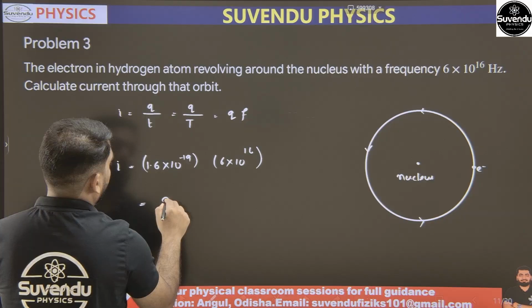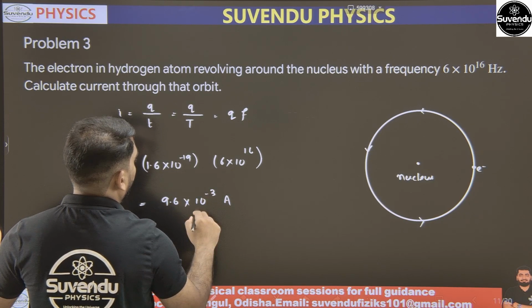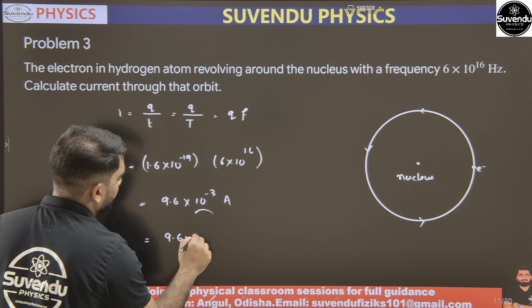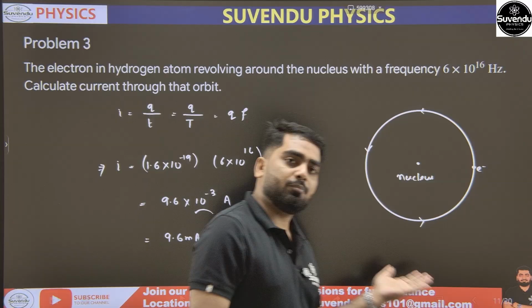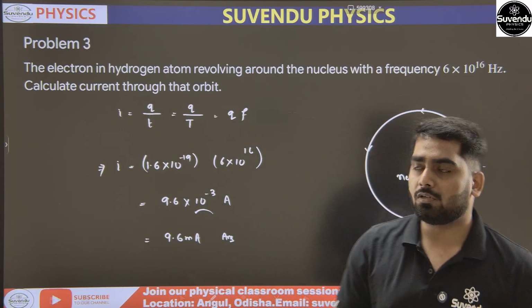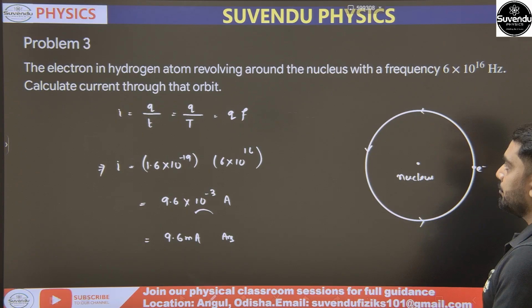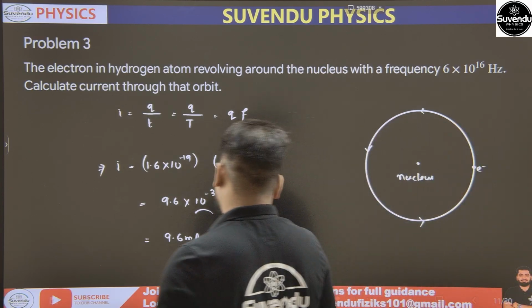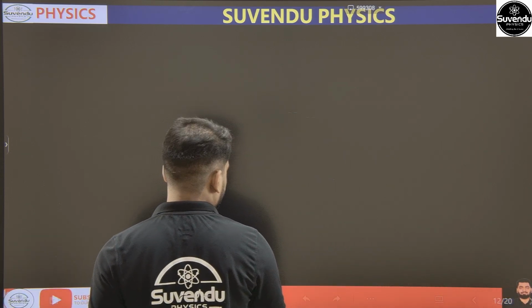So that means 9.6 into 10 to the power minus 3 ampere, and 10 to the power minus 3 we call milli, so 9.6 milliampere. This is about the relation between frequency and current, I is equal to QF. I think this problem number 3 is clear to all of you. Very good. Next, come to problem 4.